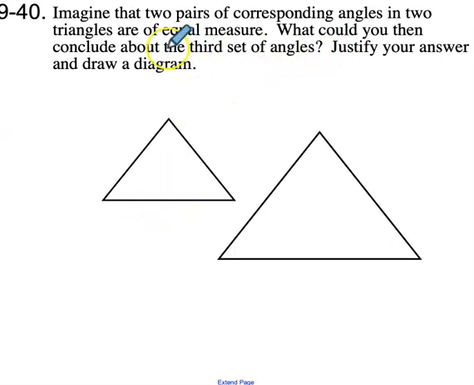So what can you conclude about the third set of angles? What it's really saying is, let's say this angle is 60. So again, imagine two pairs of corresponding angles in two triangles are equal. So let's say this is the corresponding angle here. Kind of looks, but that's a 60. And let's say this is also 60. Down here, and the corresponding angle is 60.